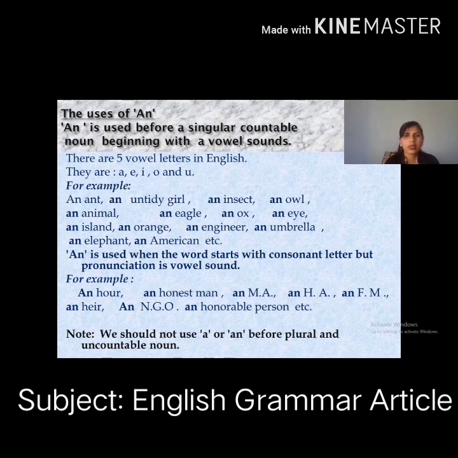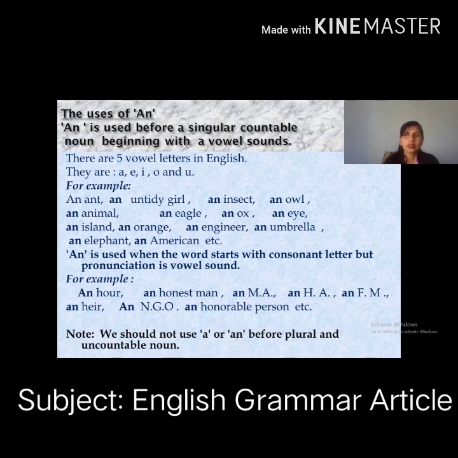Similarly, uncountable nouns. Uncountable nouns mean things like milk, rice, water, oil, etc. Before uncountable nouns and plural nouns, we should not use article a or an.